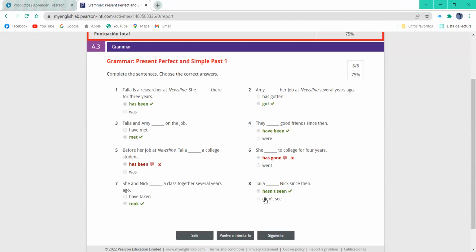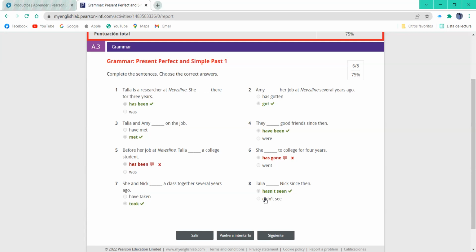Present perfect sigue perteneciendo al presente. O sea, comenzó antes y sigue pasando en el presente. ¿Ok? Ok. So in number 6, the same. Ella ha ido a la universidad por 4 años. Aquí, como ya nos dice un tiempo exacto, por 4 años, es justamente lo que veíamos del for, ¿verdad?